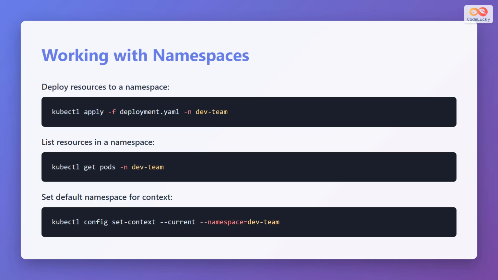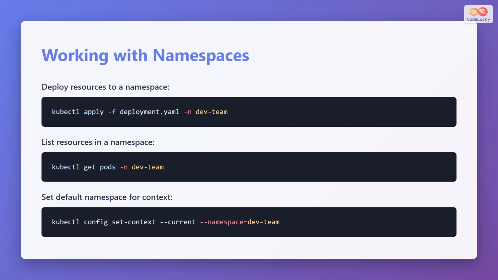Once you've created a namespace, you'll need to know how to interact with resources within it. To deploy resources to a specific namespace, use the kubectl apply command with the -f flag for your manifest file, followed by the -n flag and the namespace name, such as dev-team. To list resources in a particular namespace, use kubectl get pods with the -n flag and the namespace name.